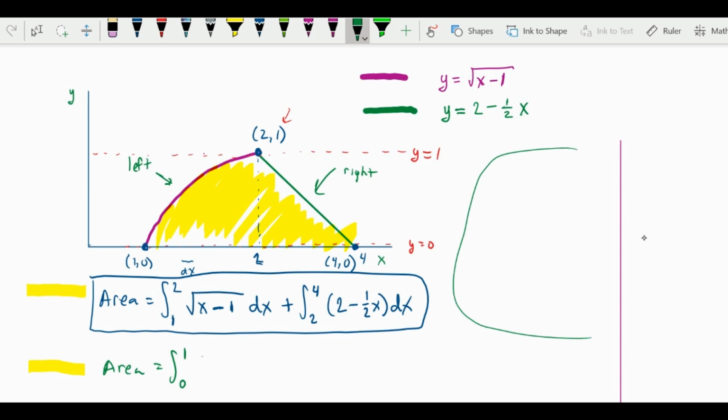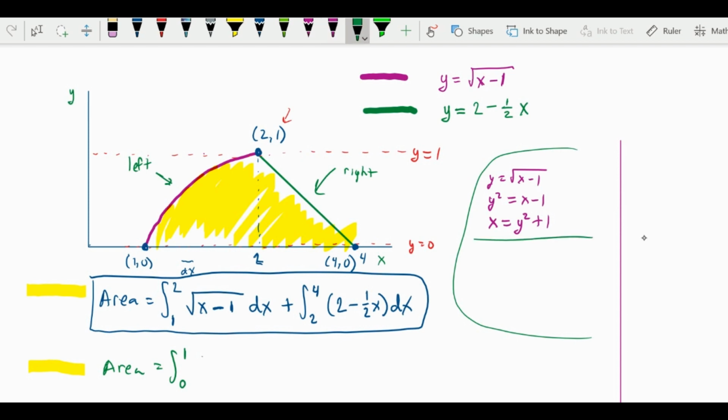So what I need to do actually is I need to solve for x in terms of y in each case. So let's do the purple curve. If y equals the square root of x minus 1, then y squared equals x minus 1. I just square both sides, so x equals y squared plus 1.